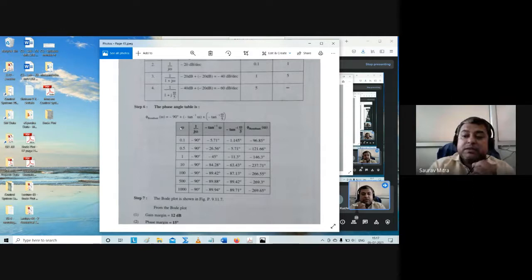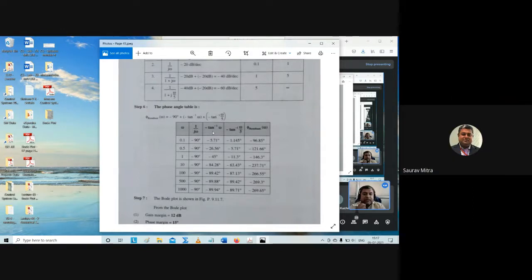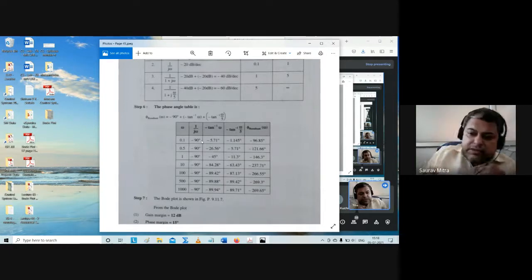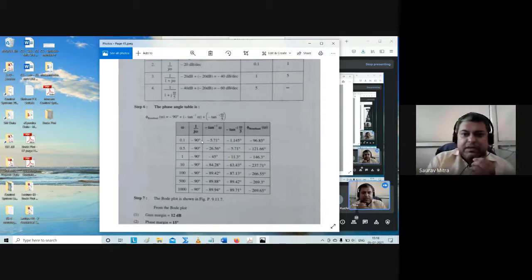Okay, so this is 1 by S, this is 1 by S plus 1, this is 1 by S plus 5. All these phases you have to calculate for every frequency. We have calculated for 0.1. 1 by S will always have a constant phase of minus 90. This is a frequency independent parameter. That means any frequency you give, 1 by S will have a phase of minus 90.